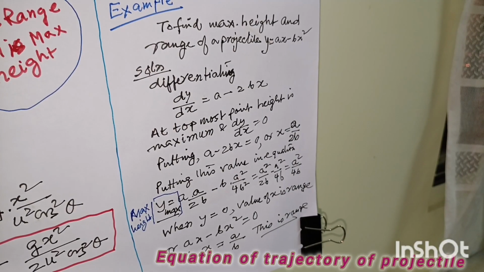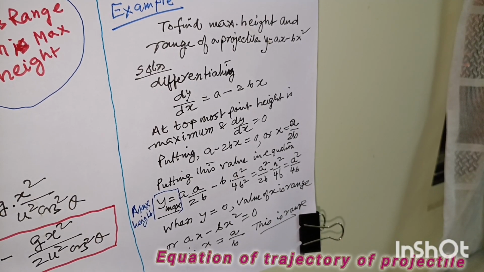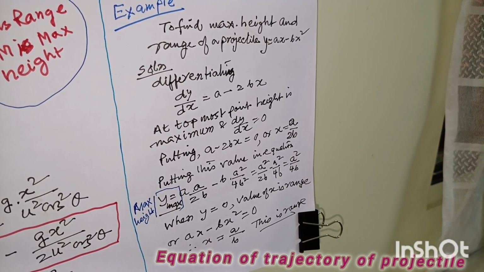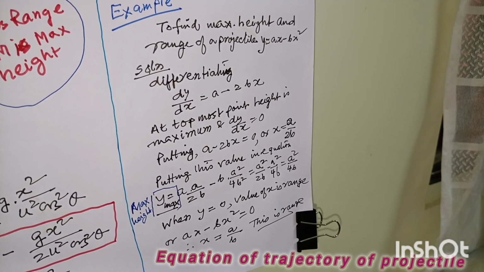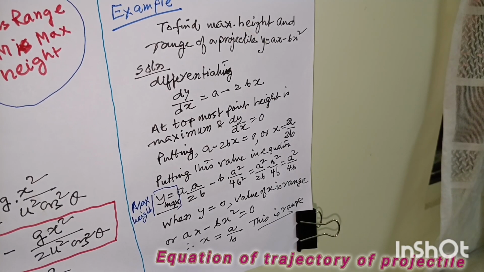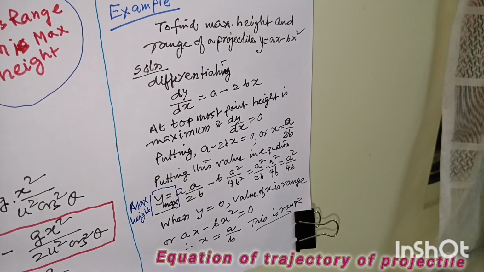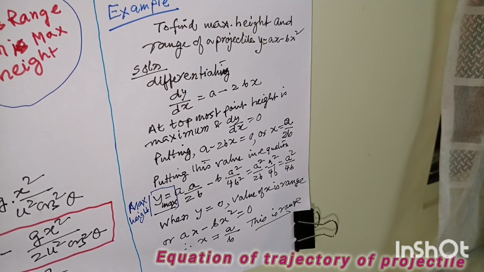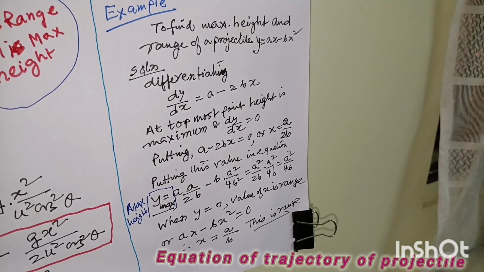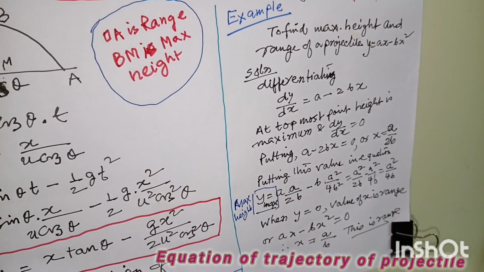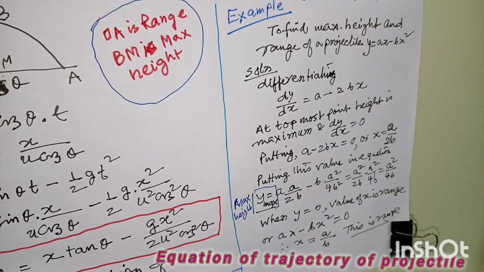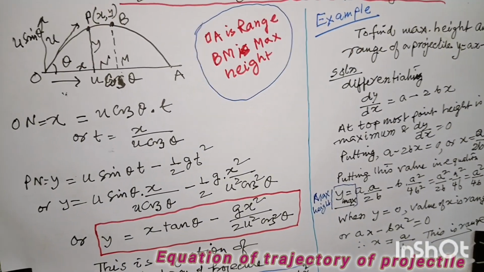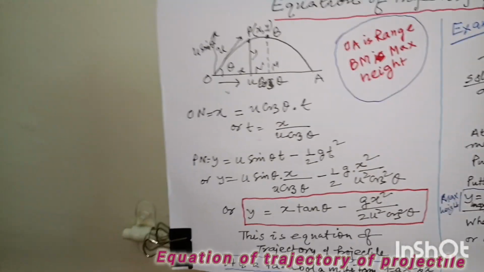That gives us x equal to a by b. There is another value, x equal to 0, which is the initial point, and x equal to a by b is the displacement when it falls at the other point. So this is the range of the projectile. This is the way we deal with various projectile problems. I have given you one example. I hope that is clear to you.